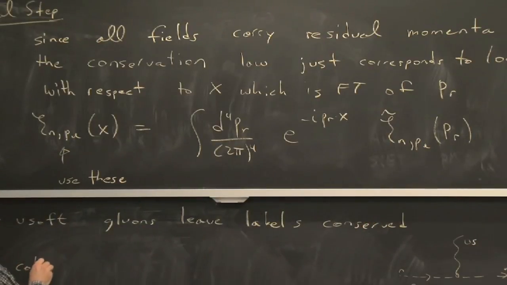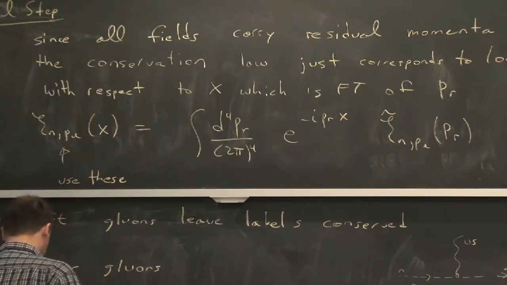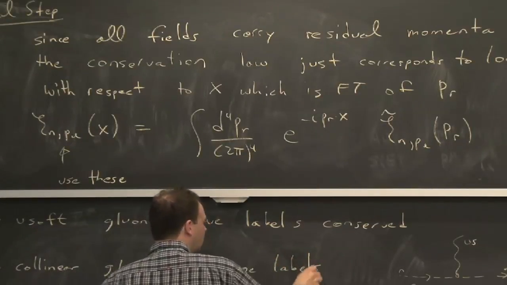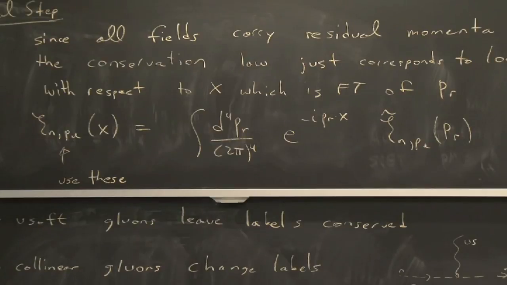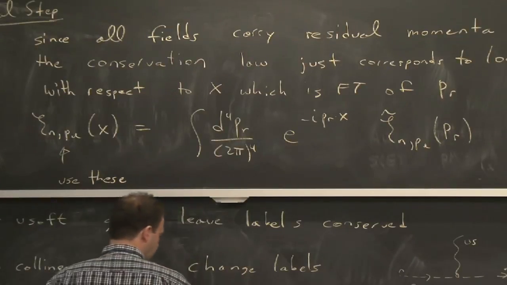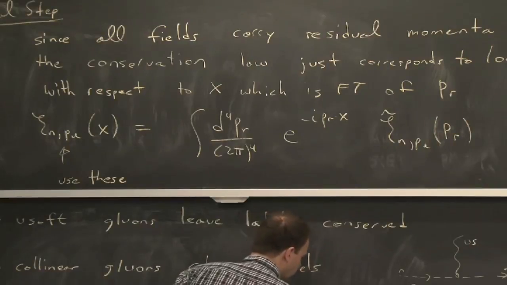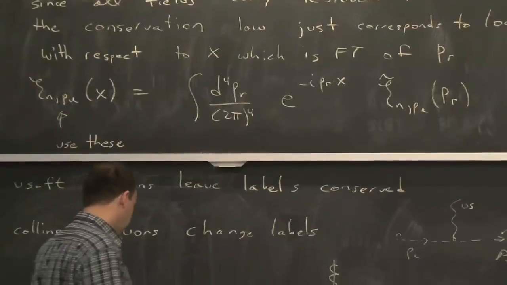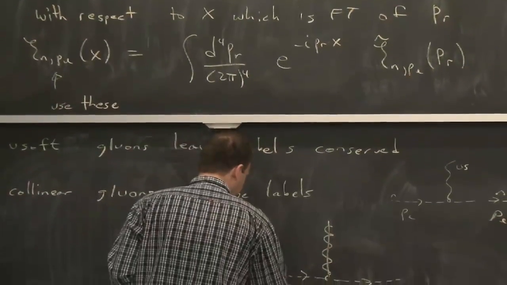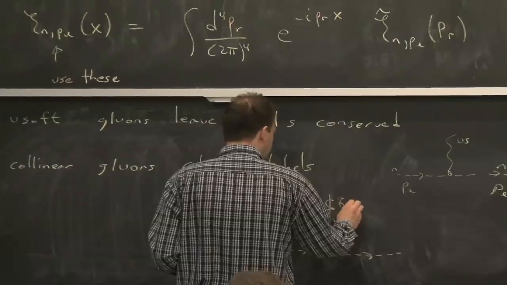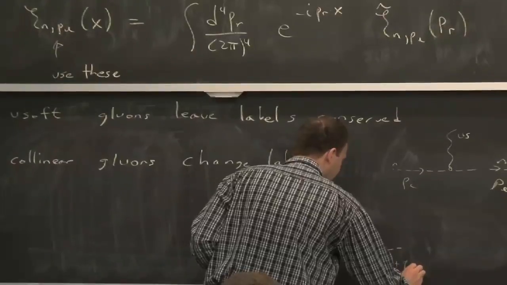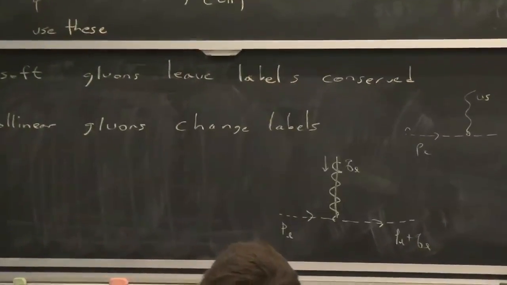On the other hand, the collinear gluons cause us to hop between boxes. So the collinear gluons are label changing. And that's what's different than HQET. In HQET, we don't really have interactions in the theory in the Lagrangian that do that, but here we do. So if we have a collinear gluon come in, the collinear gluon again carries both labels and residuals. If I just draw the labels, this is some QL coming in, and this will be PL plus QL. And so the label of the outgoing field is changed.